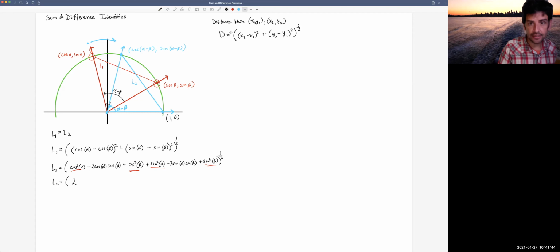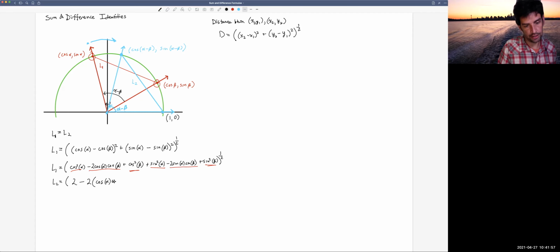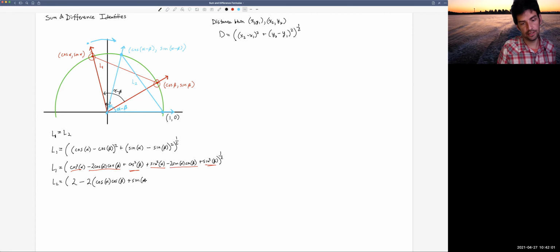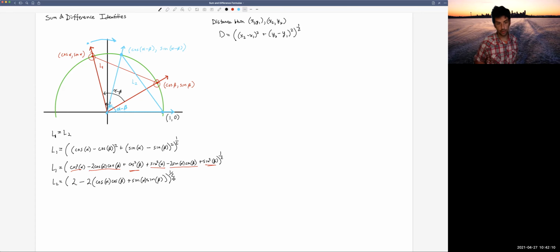And then I've got these terms, minus 2 cosine alpha cosine beta, minus 2 sine alpha sine beta. I can factor the negative 2 out of them, and I've got minus 2 times cosine alpha cosine beta plus sine alpha sine beta. And all of this is still happening inside that square root. Okay, so it simplifies down fairly simply.